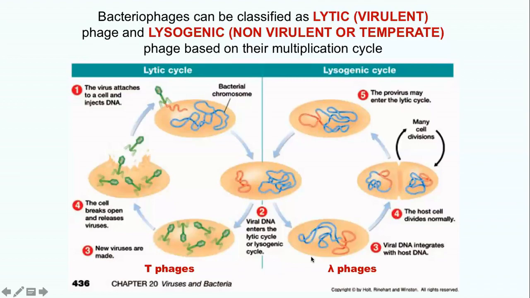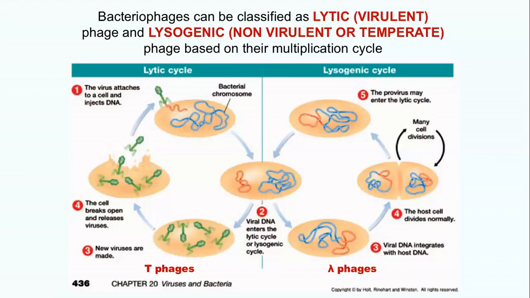This provirus or prophage will not directly kill the bacterial cell, but instead it gets divided whenever the bacterial cell divides. So as long as it is integrated with the bacterial DNA, this prophage does not harm the host. It keeps on dividing as and when the bacterial cell divides.